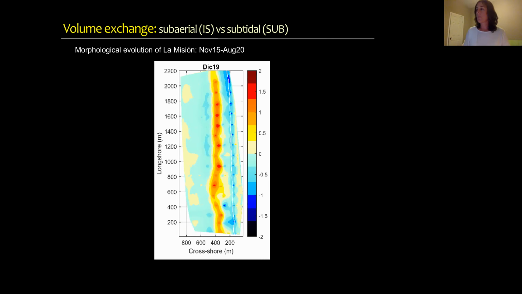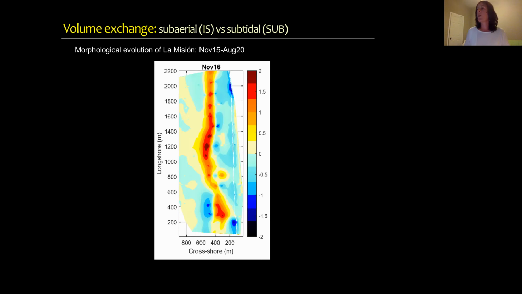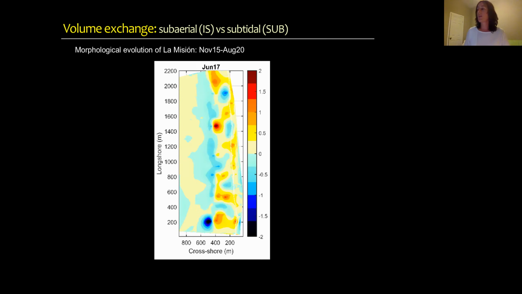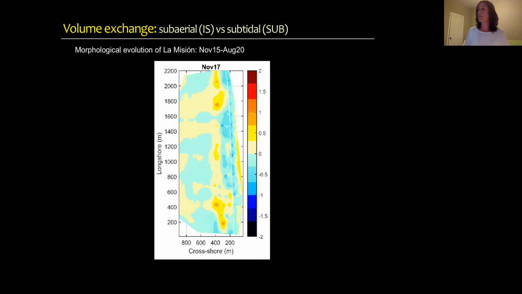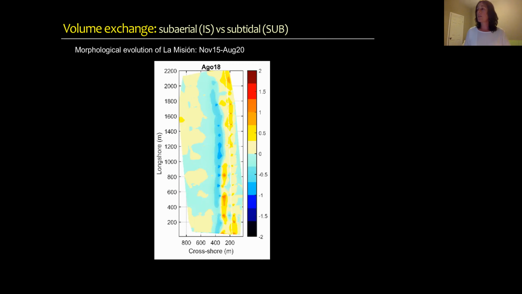So this beach is really dynamic, and there are a lot of things that we don't know about the morphodynamics of this beach. So this is something that I will be looking at in the next years.